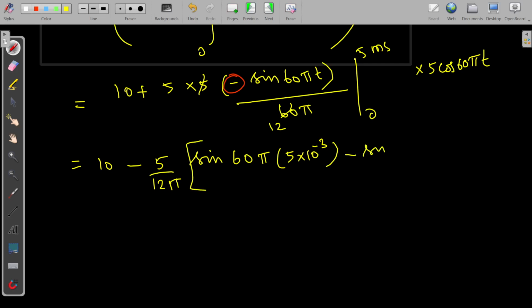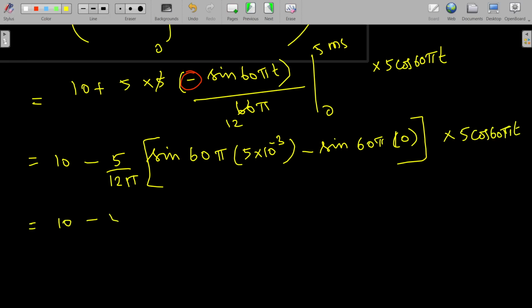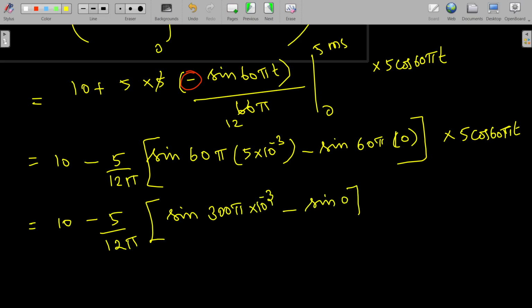When you apply the lower limit, it is sine of 60 pi into 0. Multiplied by 5 cos 60 pi t, this is equal to 10 plus 5 by 12 pi times sine of 300 pi into 10 power minus 3 minus sine 0. And we know sine 0 is 0.